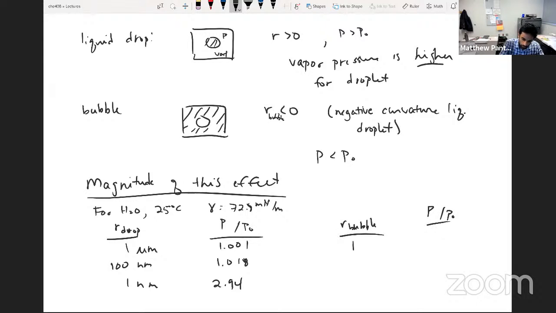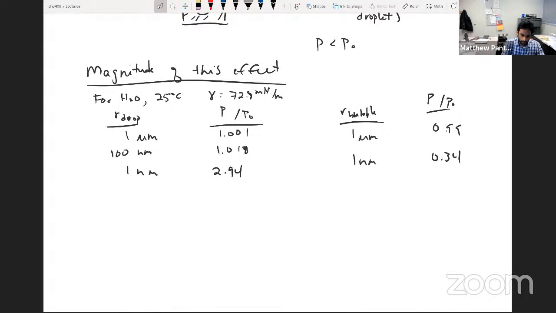So for a 1 micron bubble, this would be 0.99. And for a 1 nanometer bubble, this will be 0.34. So let's think about what this means for a couple different aspects.